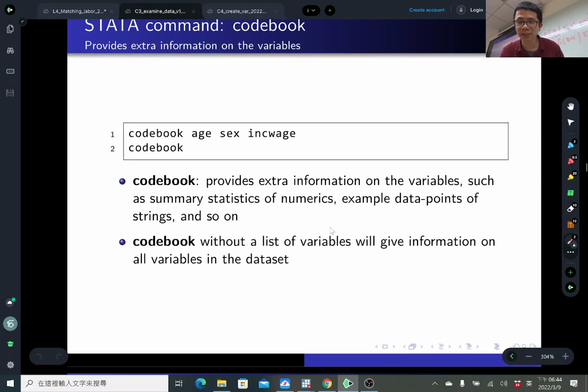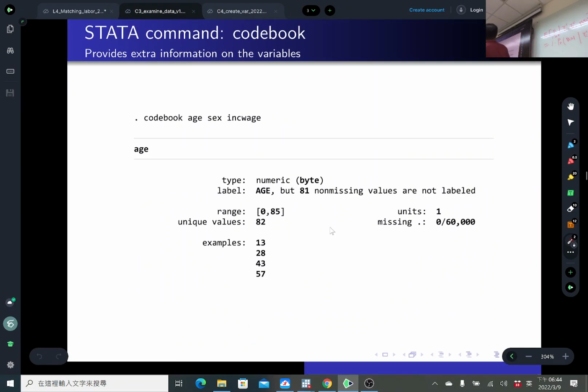So what result will it give you? Like age. You want to know the age. It will let you know this is a numerical variable, and the range of the age variable is from 0 to 85, and it has 82 unique values. So not every number up to 85 appears, some numbers are missing in the age. It also gives you some examples. And it also lets you know about any missing values in the data set. Here, 0.